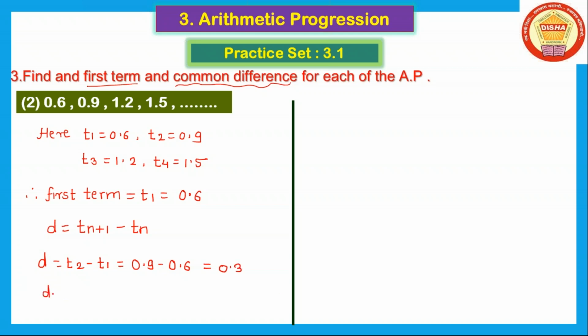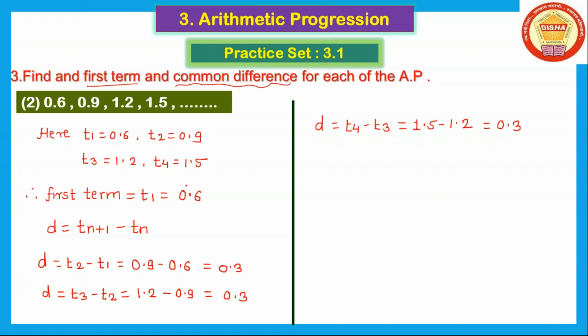Again, we find the difference between the next two consecutive terms, that is T3 minus T2. T3 is 1.2 minus T2, which is 0.9. Subtraction gives 0.3. Then we find the difference between the next two terms, T4 minus T3. 1.5 minus 1.2, which is again 0.3.